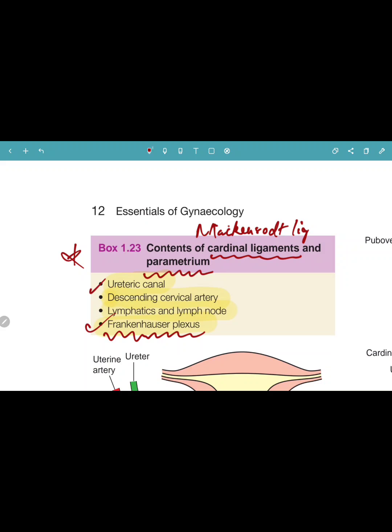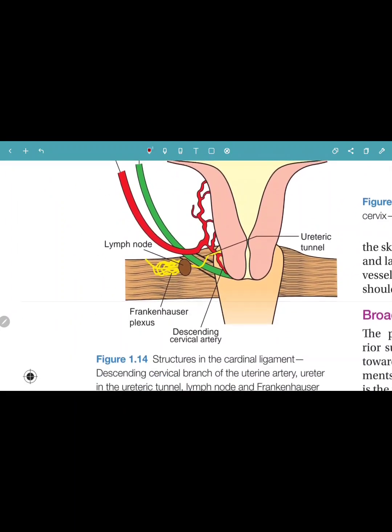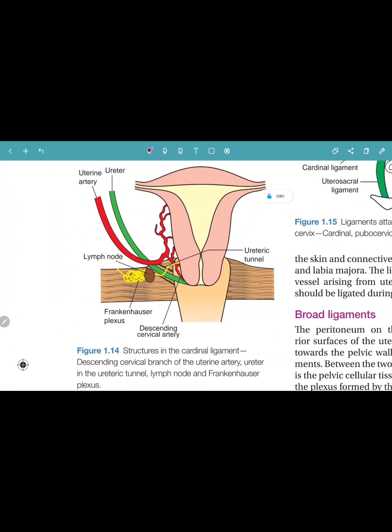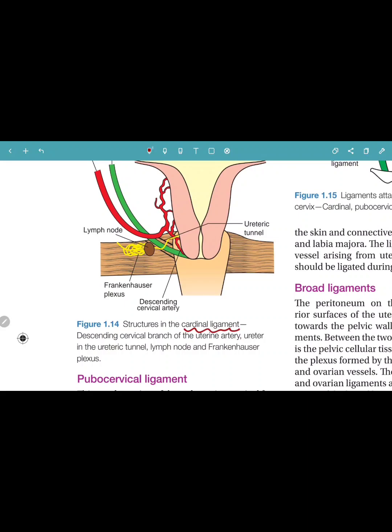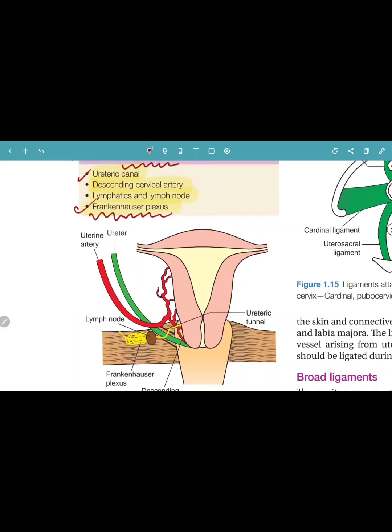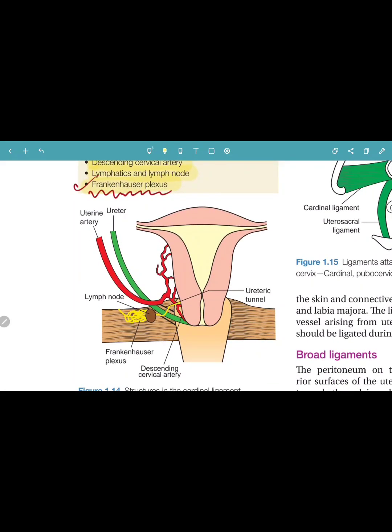Mackenrodt's ligament. If you look at this figure, these are the structures of the cardinal ligament or Mackenrodt's ligament. You have a descending cervical branch of the uterine artery. This one over here is your uterine artery, and this branch over here is the descending cervical branch.